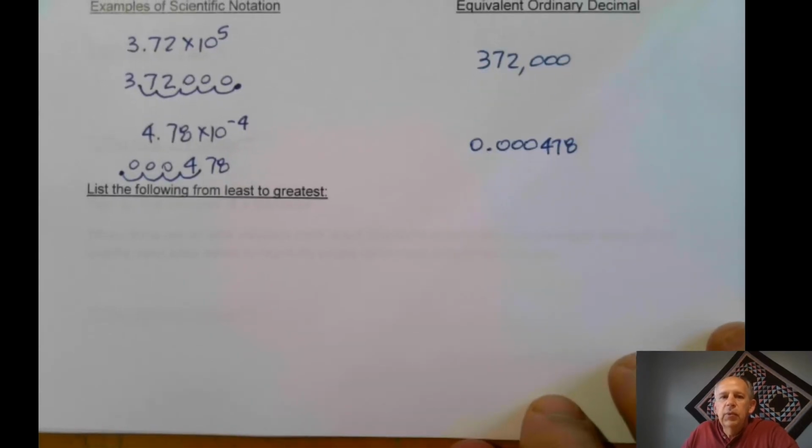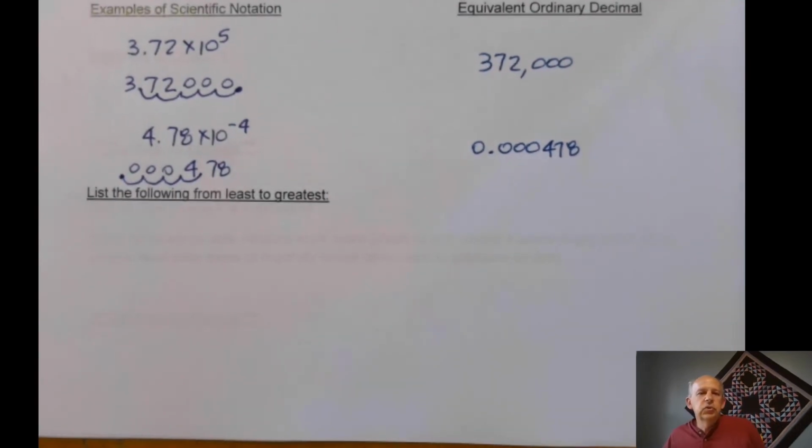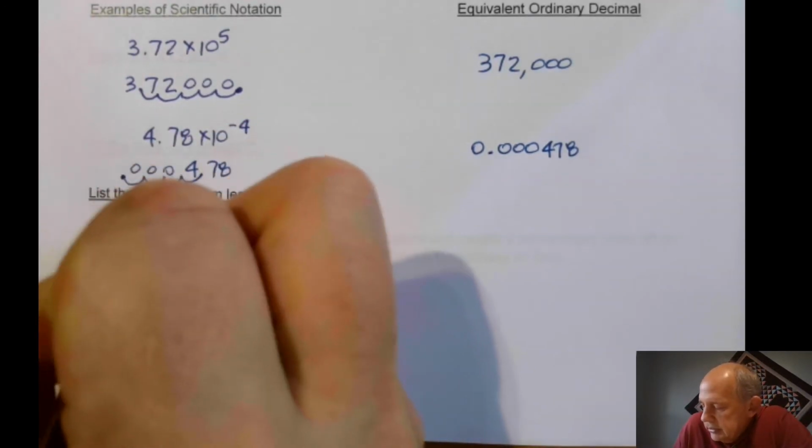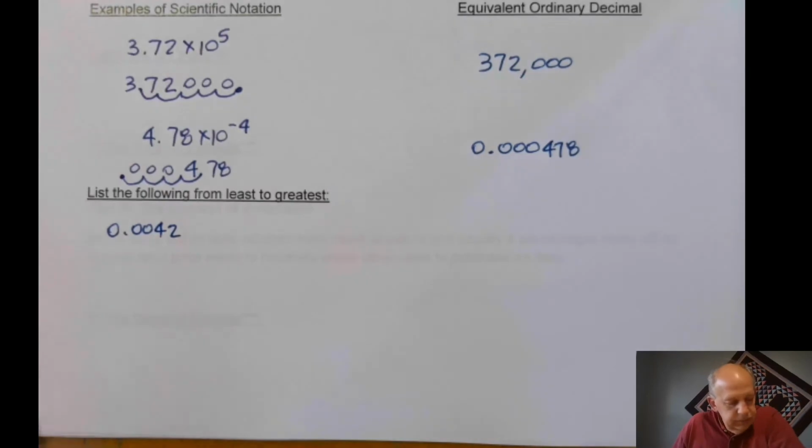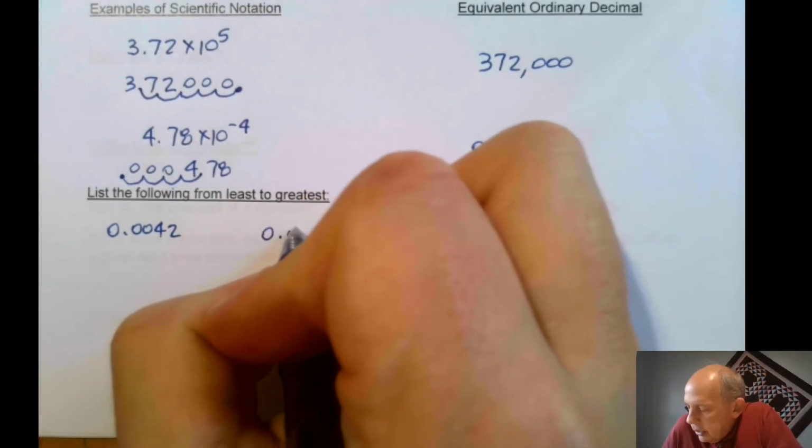Now, the last thing I want to talk about in this section is ordering values from least to greatest. So let's say I have a set of numbers. And here they are.